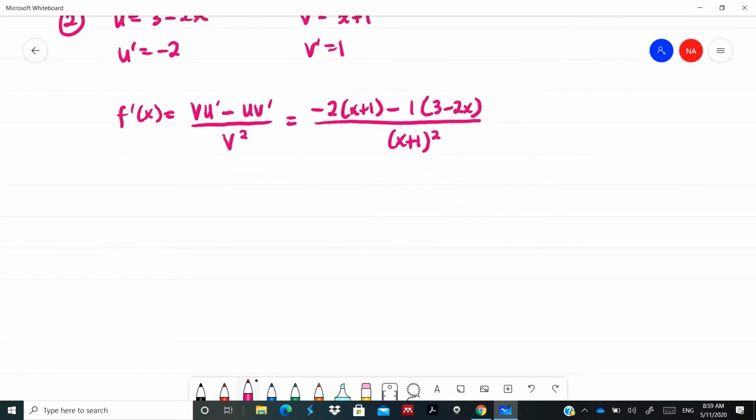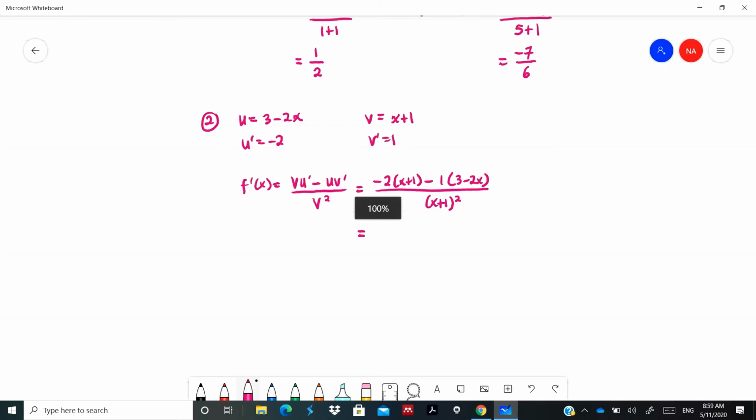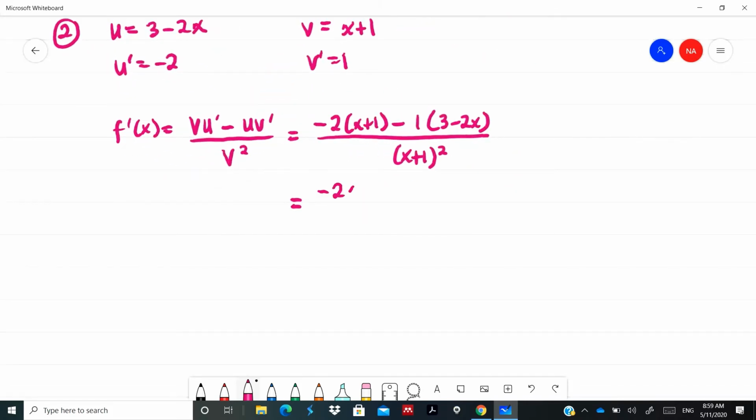We have to simplify this. I'm just going to expand this first. We have negative 2x minus 2 minus 3 plus 2x over x plus 1 to the power of 2.